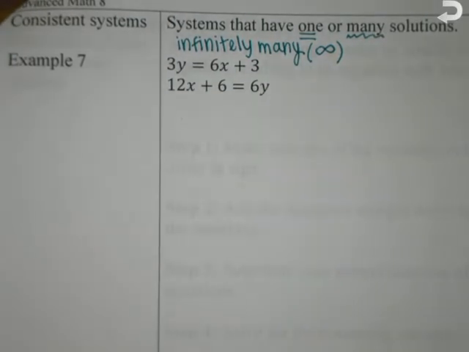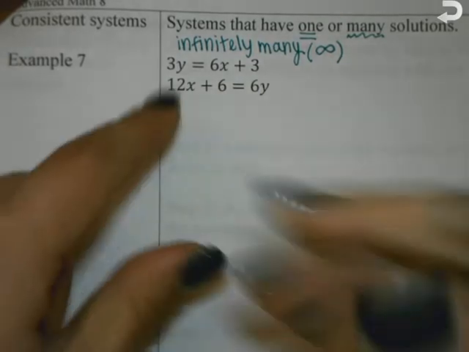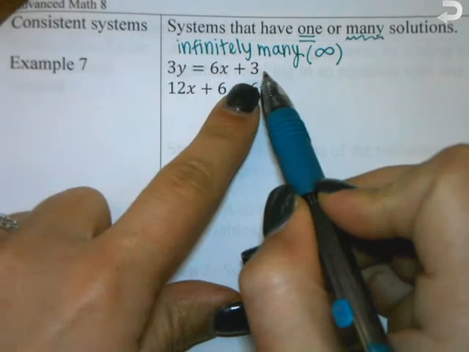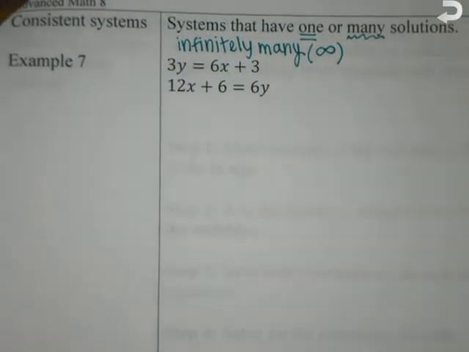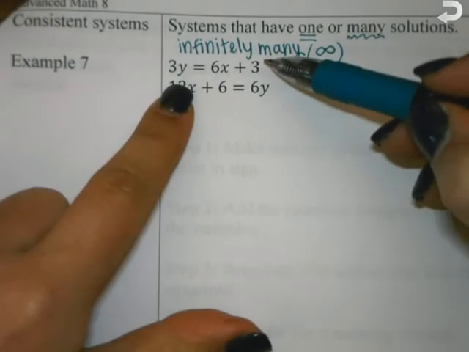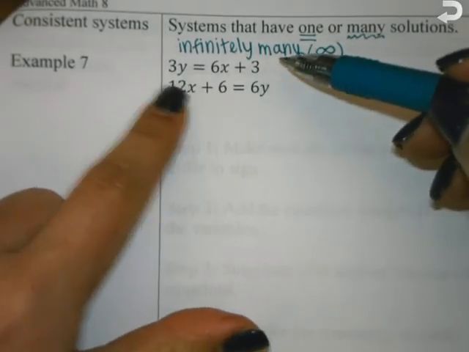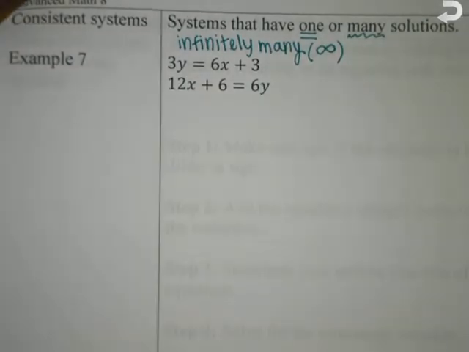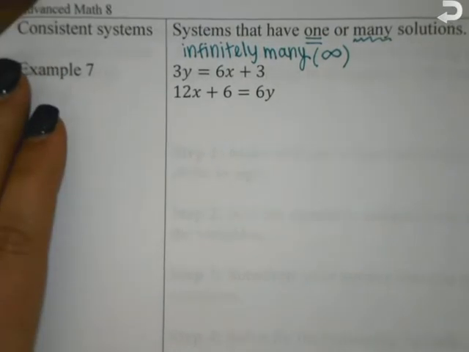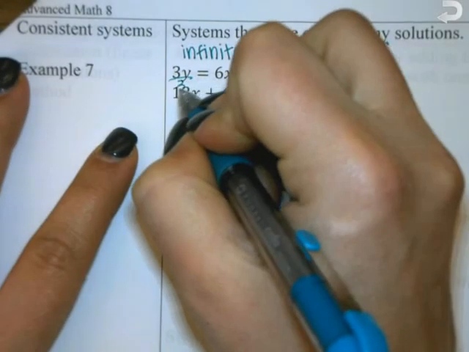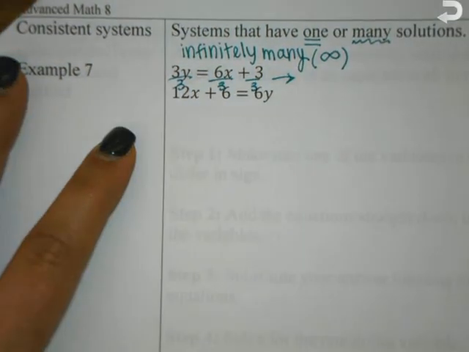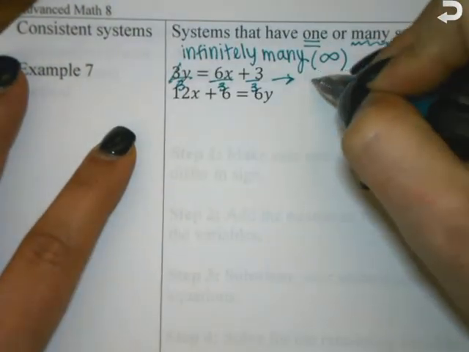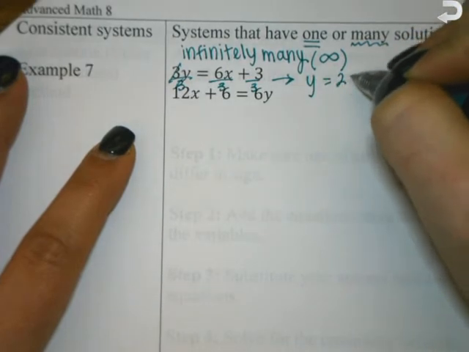Okay, so example 7, we have 3y equals 6x plus 3, and 12x plus 6 equals 6y. I think it would be easier to solve for y in the first equation, right? What would we have to do to solve for y? Divide everything by 3. So divide every single thing by 3. And that's going to give me y equals 2x plus, what's 3 divided by 3? 1.